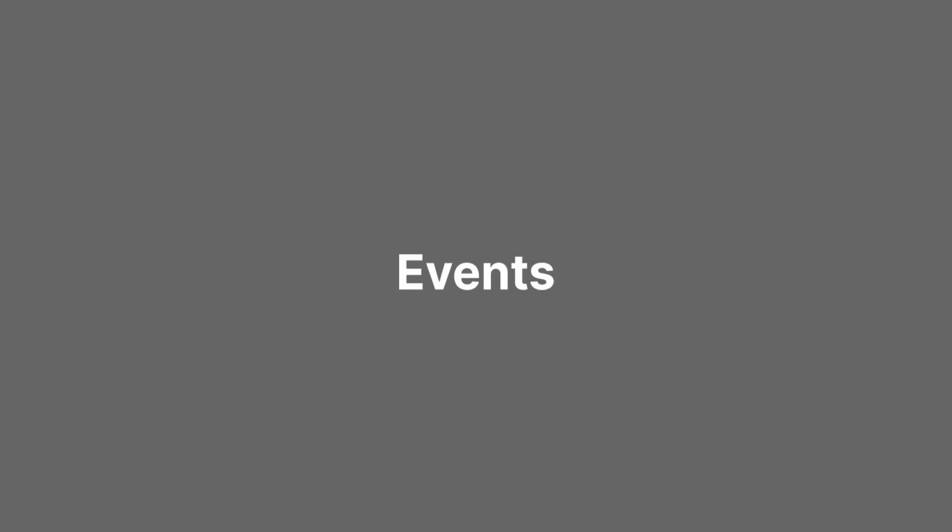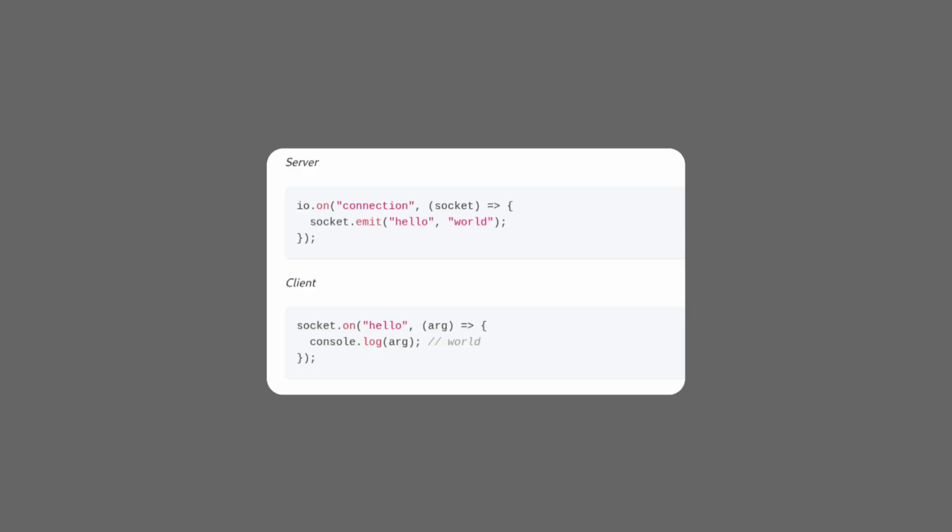Say you want to have notifications grouped specifically, then you can send these messages to a specific event called notifications. So you can have a hello event, for example. Here in the client, we add an event listener for the hello event, and on the server, we emit to the hello event.